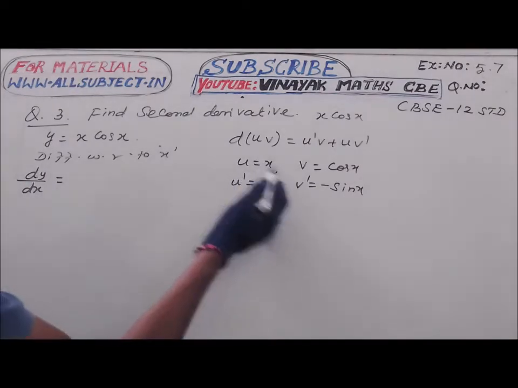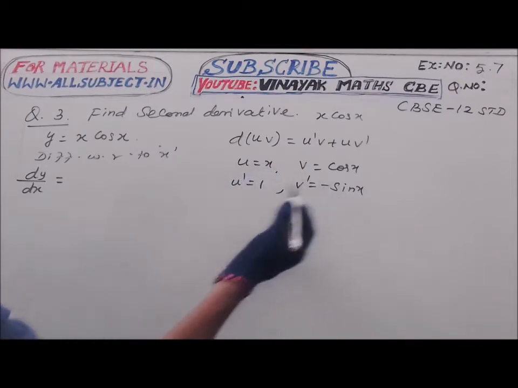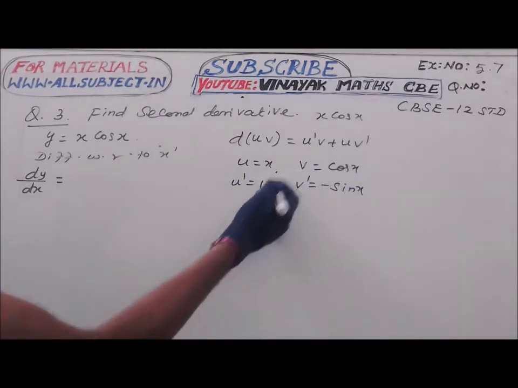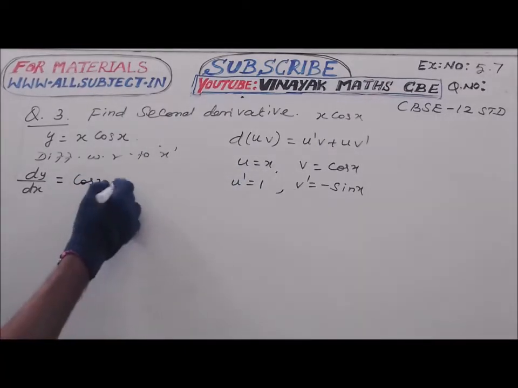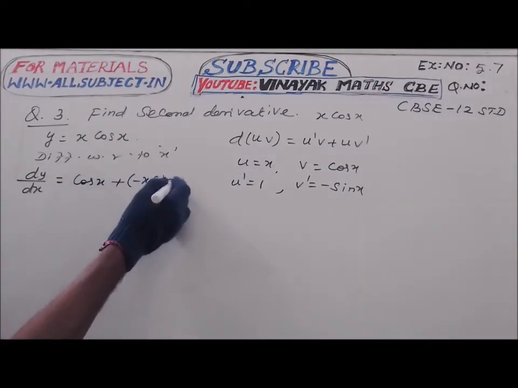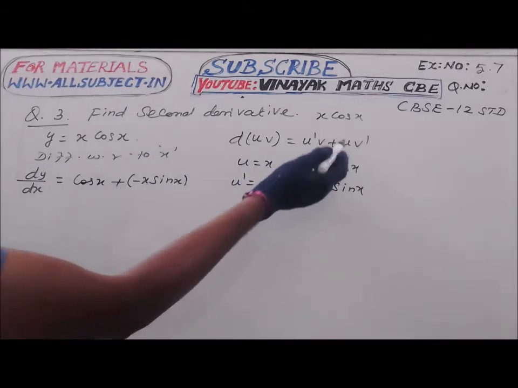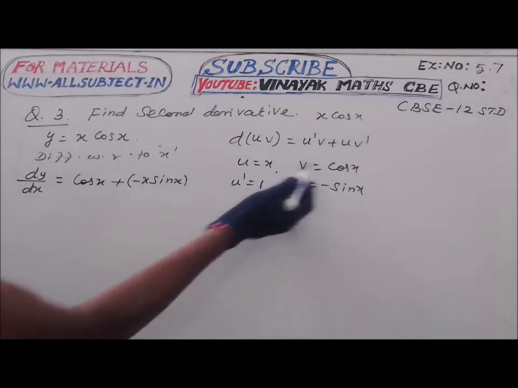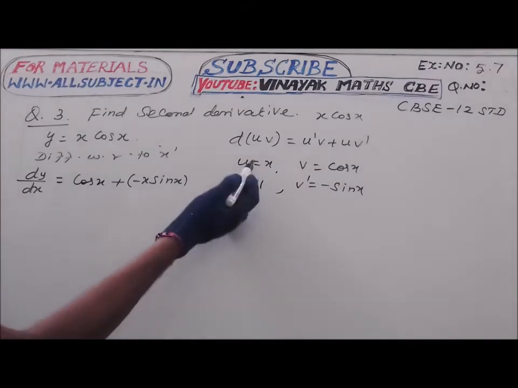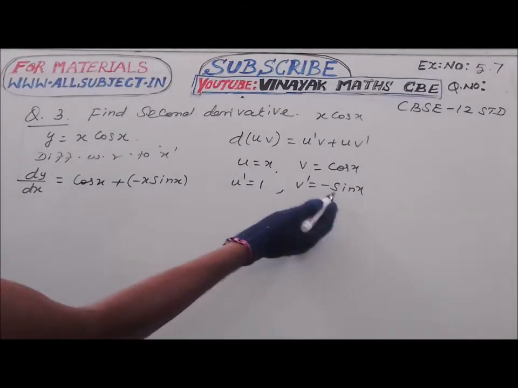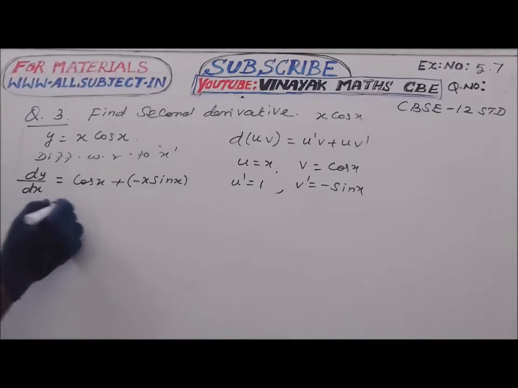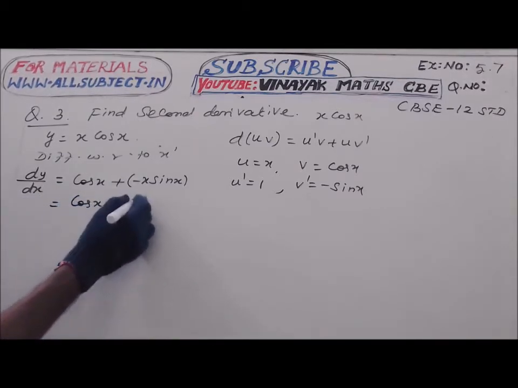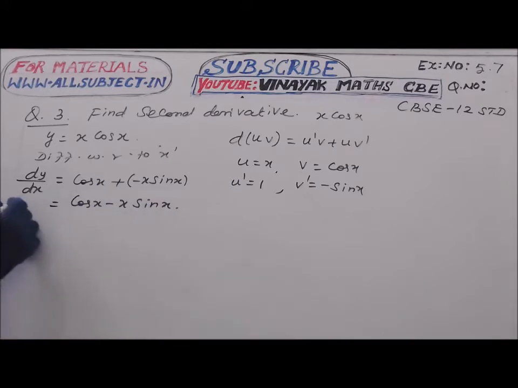So cross multiplying, u dash into v is 1 into cos x, and u into v dash is x into minus sin x. This is dy by dx, which is equal to cos x minus x sin x. We have completed the first derivative.